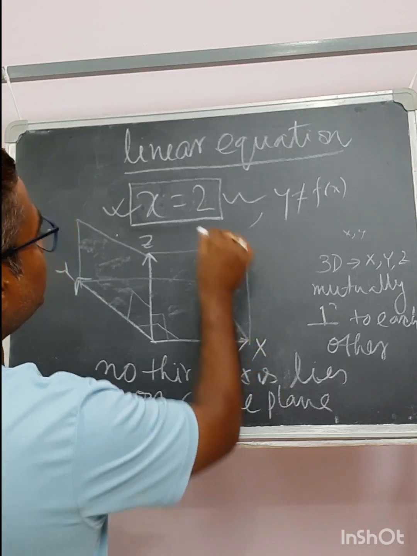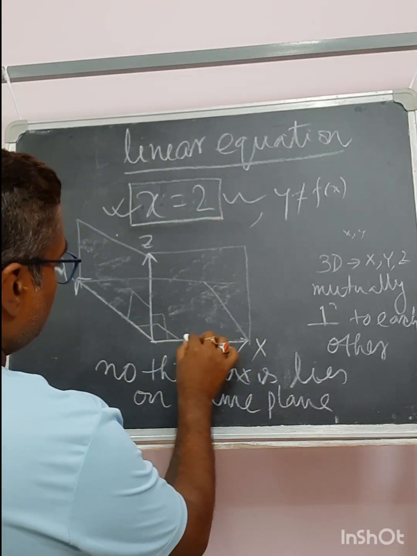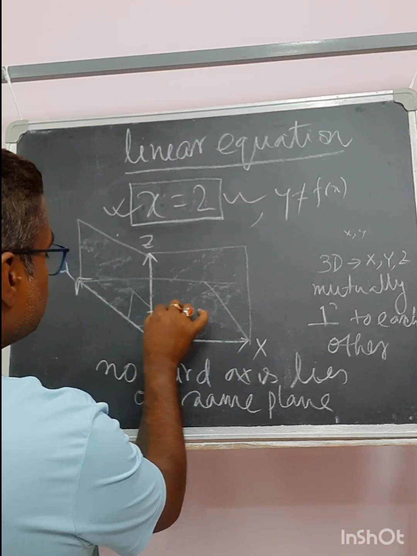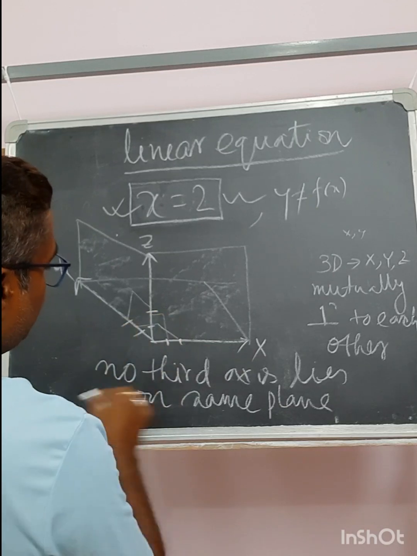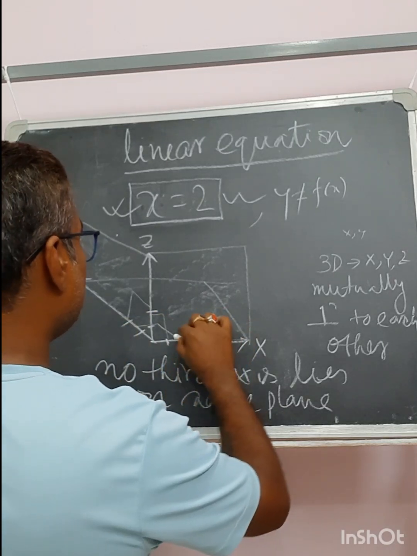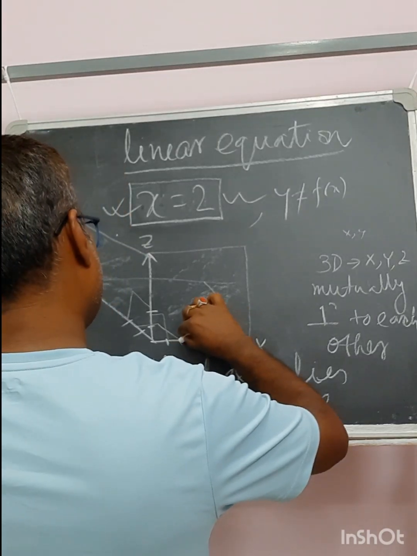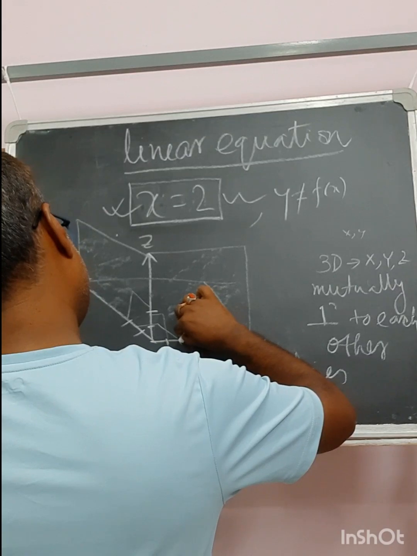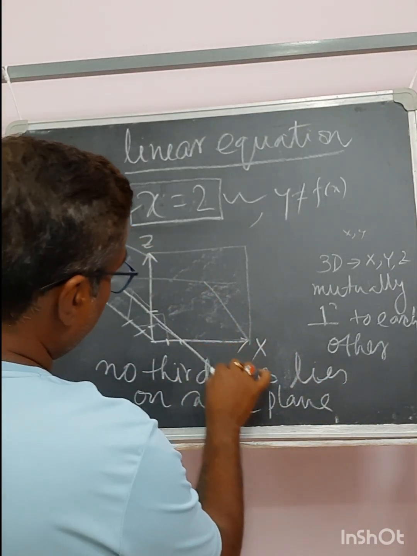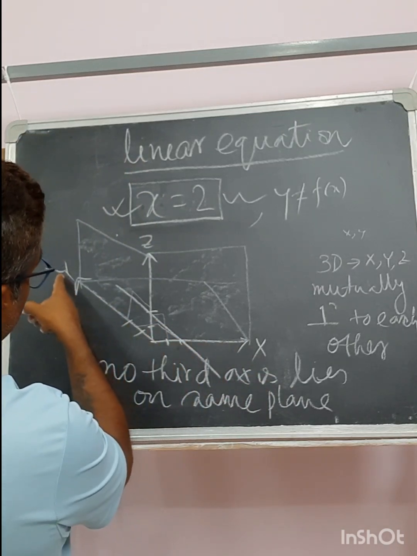Okay, now if I want to represent x is equal to 2 in 3D, I divide the x axis, y axis and z axis equally. So x is equal to 2 could be something which will lie where I get, if I take this like this, x is equal to 2 for this.